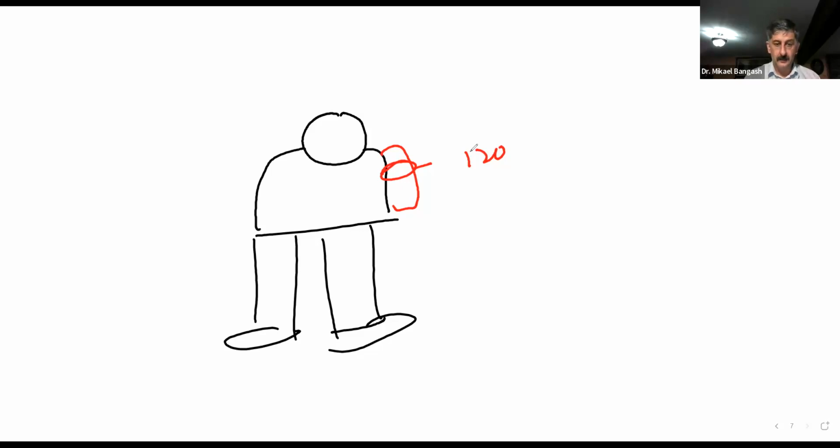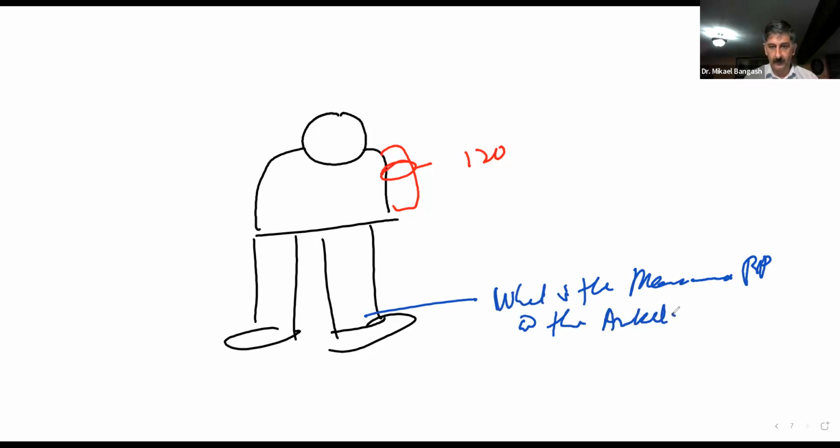Now, if I ask what the measured blood pressure at the ankle is, what you will need to get that is to take this 120 and add the hydrostatic pressure of the ankle, which was 100. And you will get, let's say, 220.